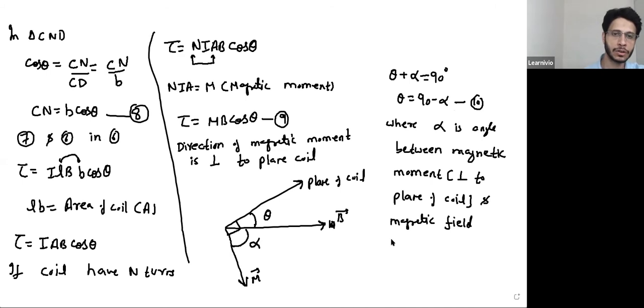That's alpha. Now you can substitute 10 in 9. When you substitute 10 in 9, you will get that your torque is MB cos 90 minus alpha.